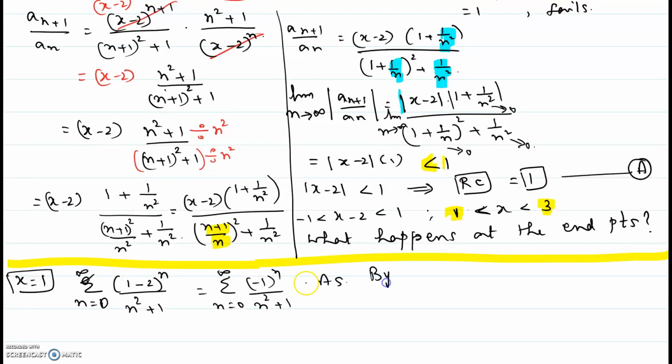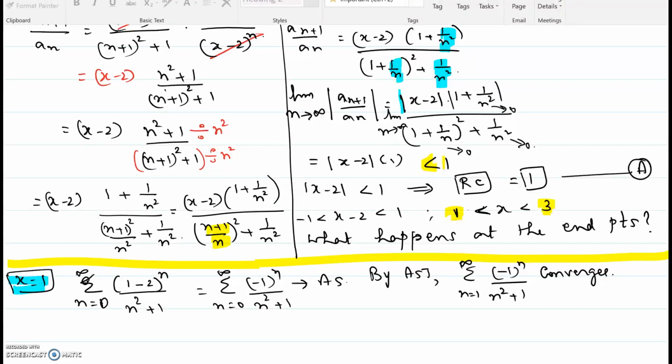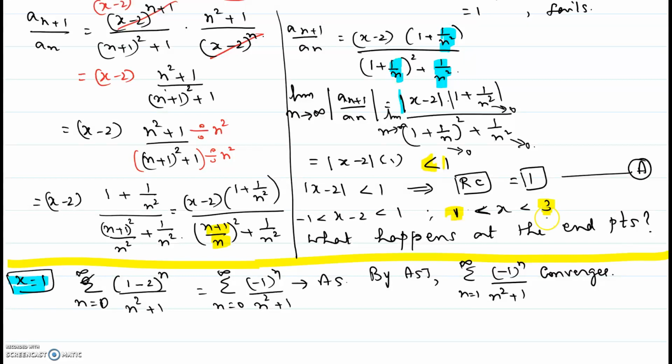So by the alternating series test, we can conclude that sigma of negative 1 to the power n over n squared plus 1 is convergent. In other words, at x equal to 1, the series is convergent.